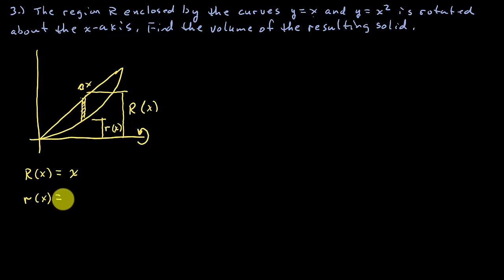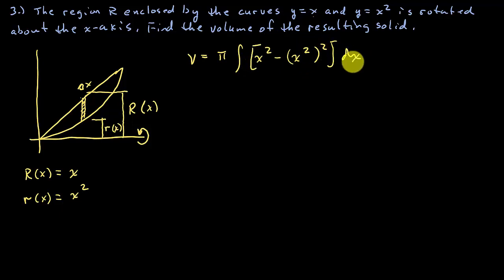That's from the x-axis up to this point on the rectangle. Well, we go up y units, and in this case, we're going up to the curve, y equals x squared. So what's y? y is x squared. And so there's the smaller radius. And so now my volume is pi times the integral of the larger radius squared minus the smaller radius squared.